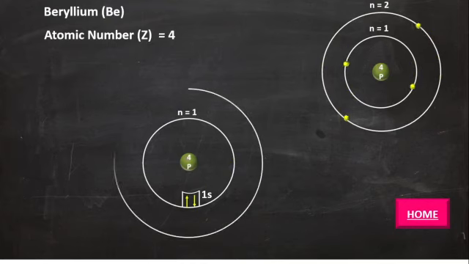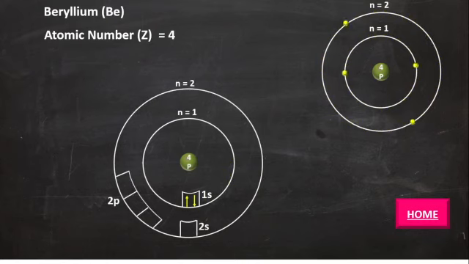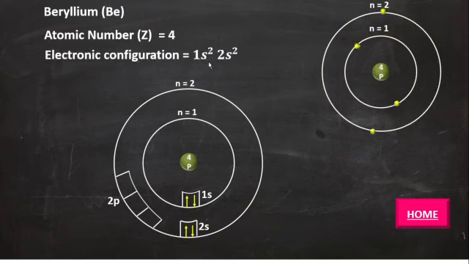Let us draw the second orbit, in which there are two orbitals 2s and 2p. Then third electron occupies empty 2s orbital, and the fourth electron will pair up with the previous electron in 2s orbital. So the electronic configuration is 1s2 2s2. So the electronic configuration of beryllium is this.